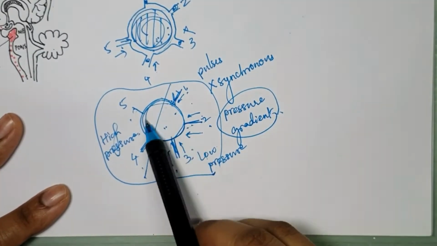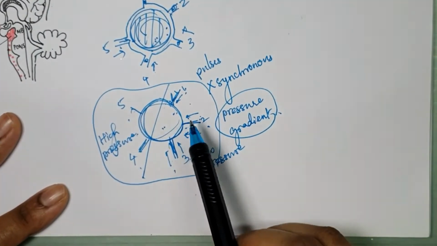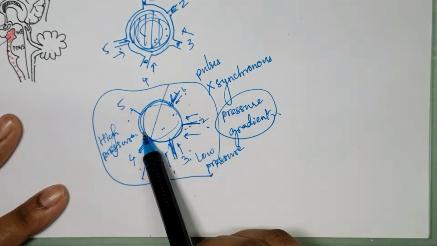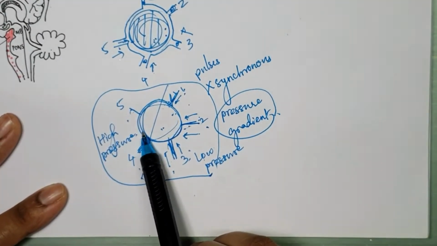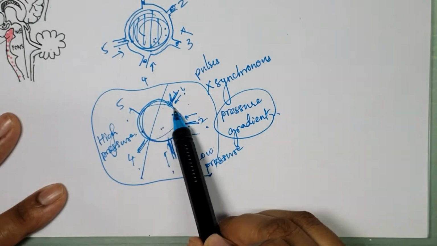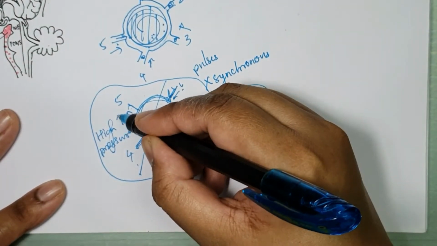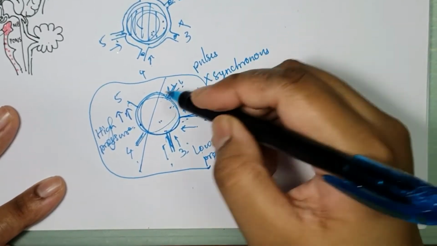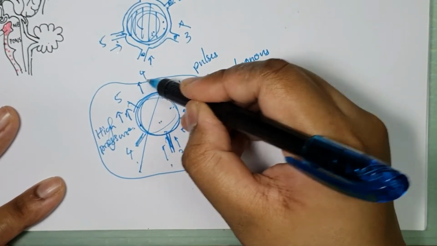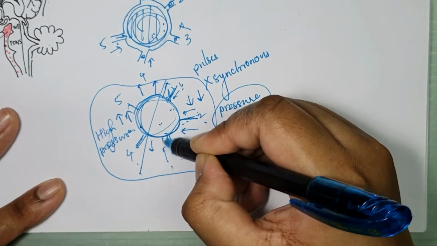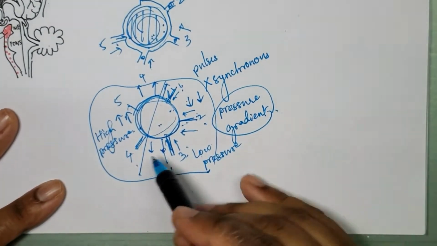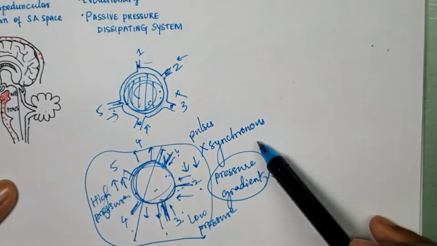This anastomosis dissipates that pressure. It ensures that blood from the high pressure area reaches the low pressure area. So it dissipates the pressure. So the pressure is extremely high here and it's extremely low here. And this pressure is dissipated equally. So it's a passive pressure dissipating system.